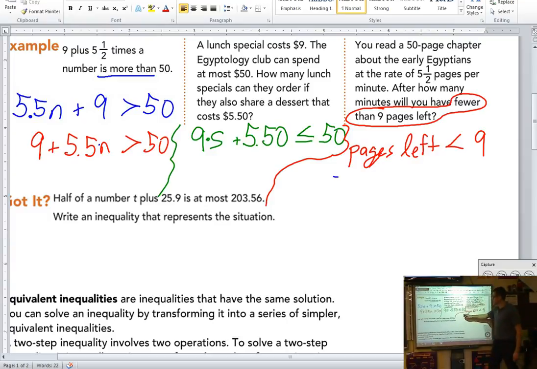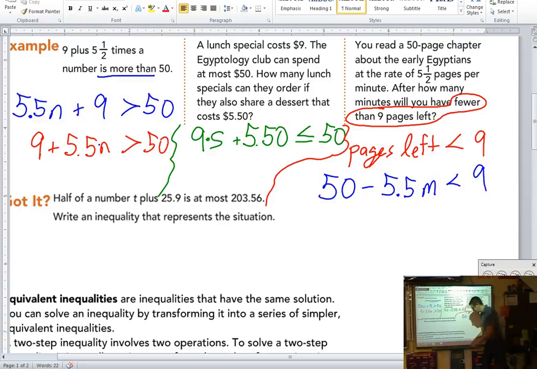Yeah, we start with 50 minus what? How quickly am I reading? 5 and a half times what? That's 5 and a half for every minute. So that's going to be 5 and a half m.